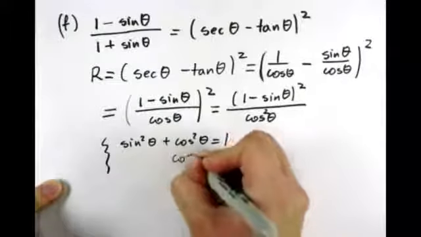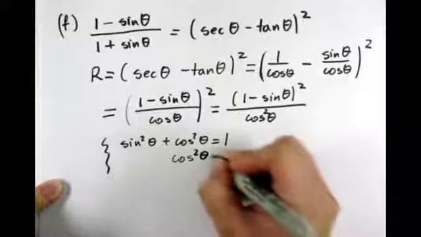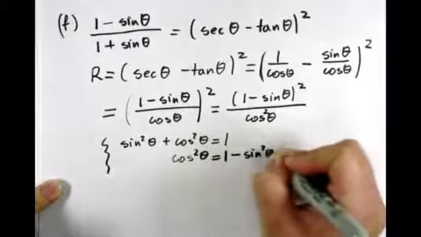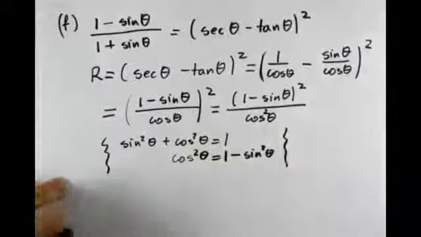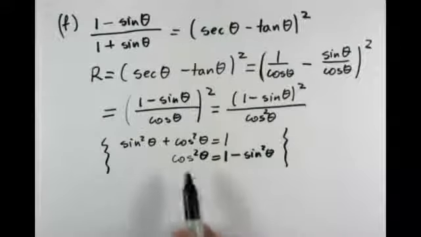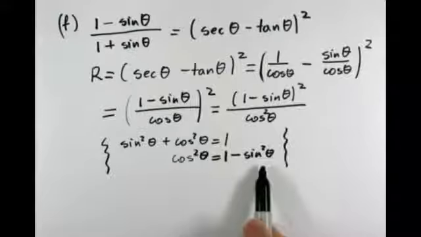So I have that cos square theta is equal to 1 minus sine square theta. Okay, and that's what I'm gonna use. Instead of this cos square, I'm gonna use 1 minus sine square theta.